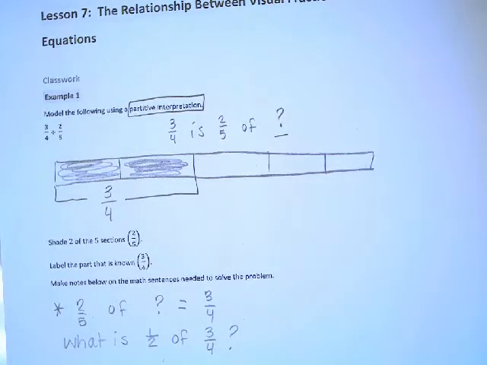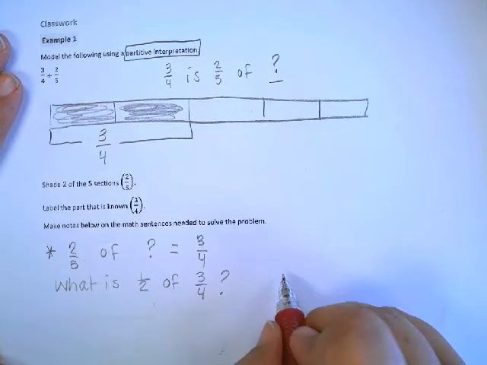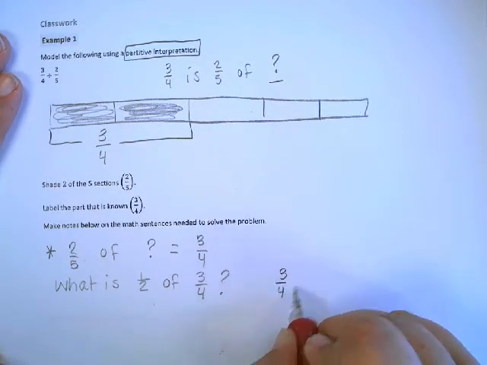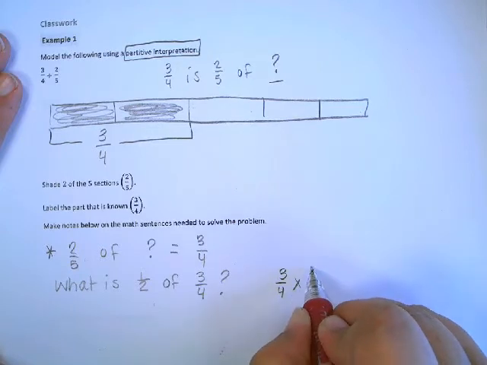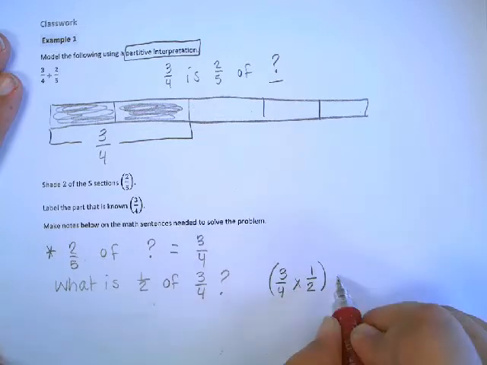So if I want to figure out what is half of 3/4, then I basically have to do a multiplication problem. And the multiplication problem that I'm going to try to solve is 3/4 times 1/2 times 5.